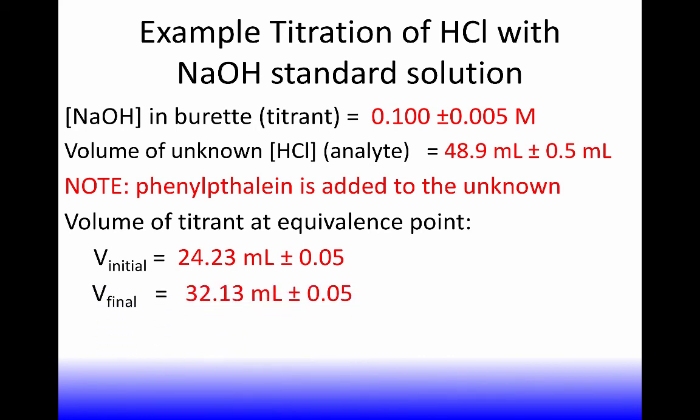Now, we keep adding solution until we see the phenolphthalein change pink. And when we do that in this example, it happens when we've added 32.13 milliliters. So how much did we actually add? We have to subtract. Do you notice that final minus initial will give us the correct volume? Now that's how much we actually added. Now, think about it.